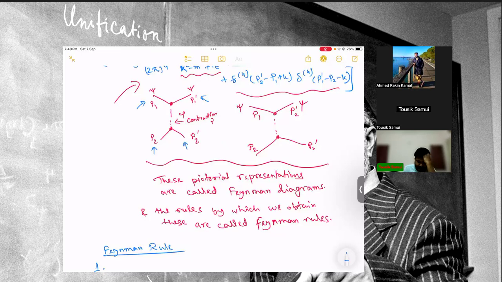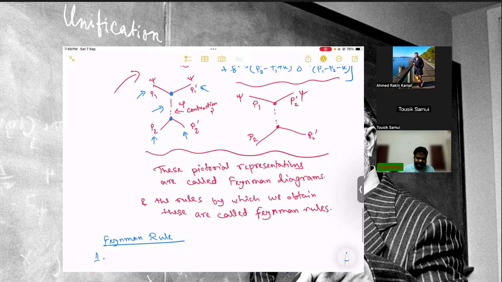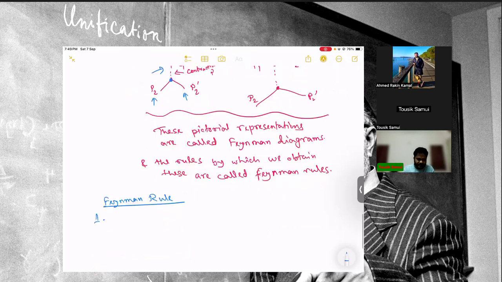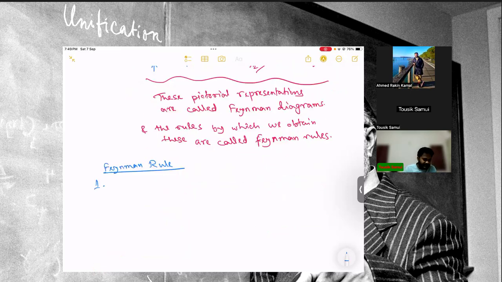Then we have a bunch of contraction operators, which represent the internal lines or the propagators. And the theory has interactions between the fields, represented by vertices between the internal or external lines. So our building blocks are external lines.